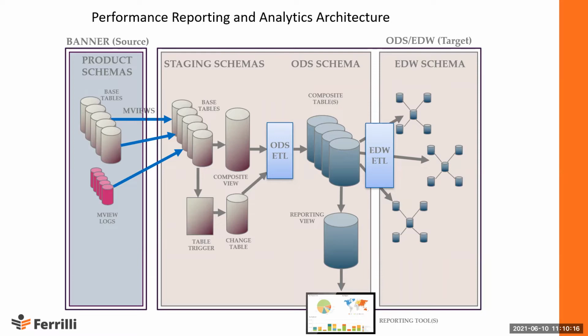In this particular case, we're showing Banner as the source database. And those materialized views are a one-to-one table correspondence to what's in Banner. It's important to understand that the tables that are replicated into your ODS staging area are one-to-one, but it's not every table. So I'll get back to that in a little bit.